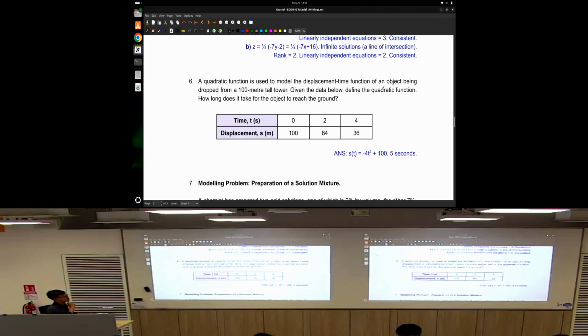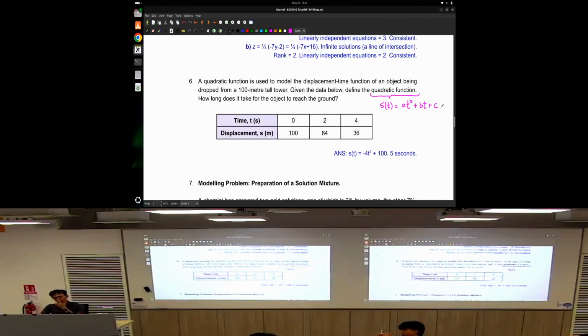So what is a quadratic function in case you have forgotten? It is s of t, a displacement time function, equal to at squared plus bt plus c.